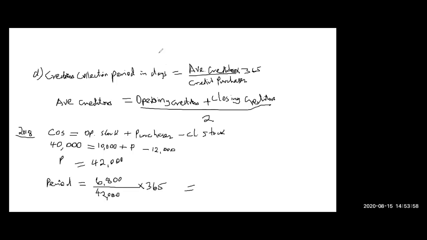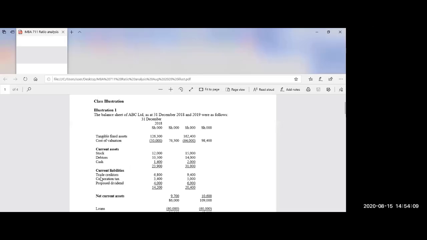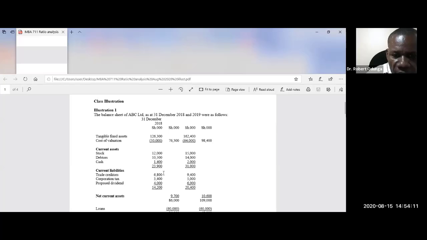Let me just confirm this, the figure for creditors, 6,800 for 2018. Good.